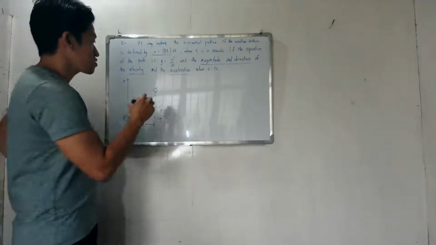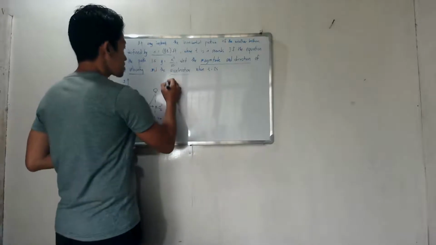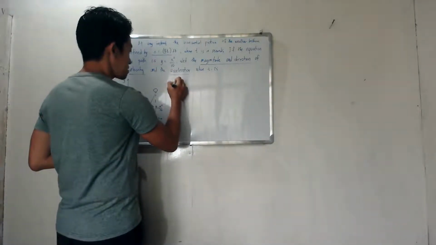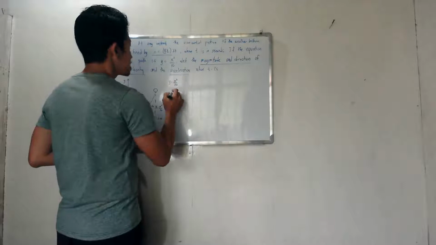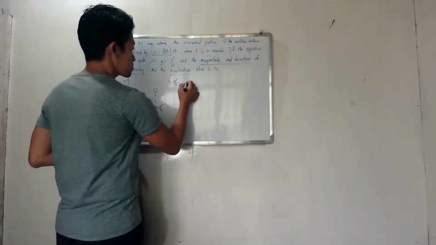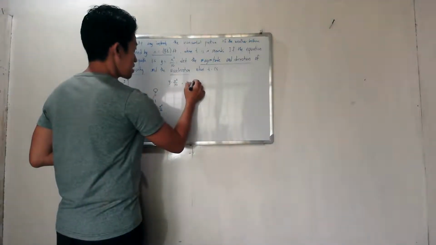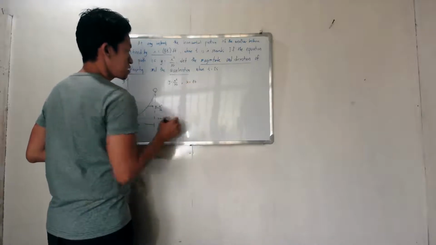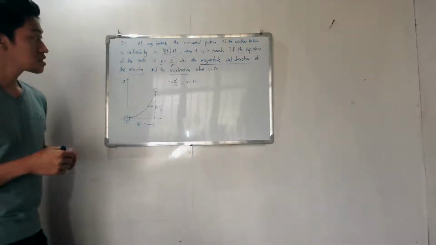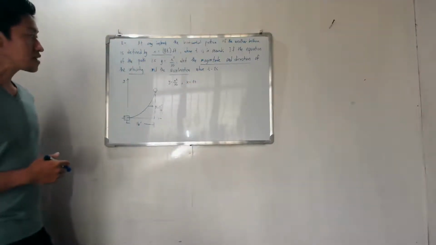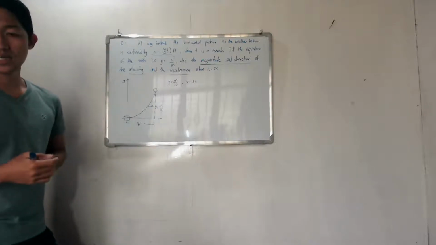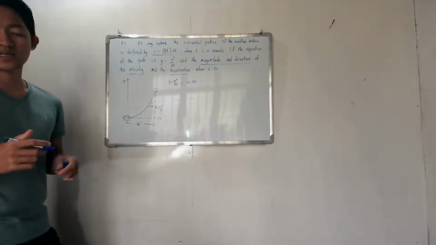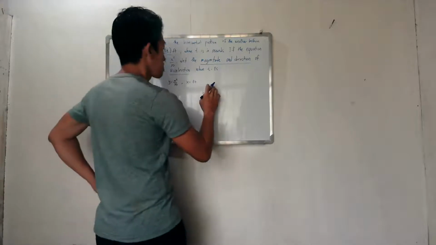So, sa given na to, given ta of equation sa line or sa path, and given ta equation sa x component. Okay? Now, we are asked to find the velocity and acceleration, the magnitude and direction.